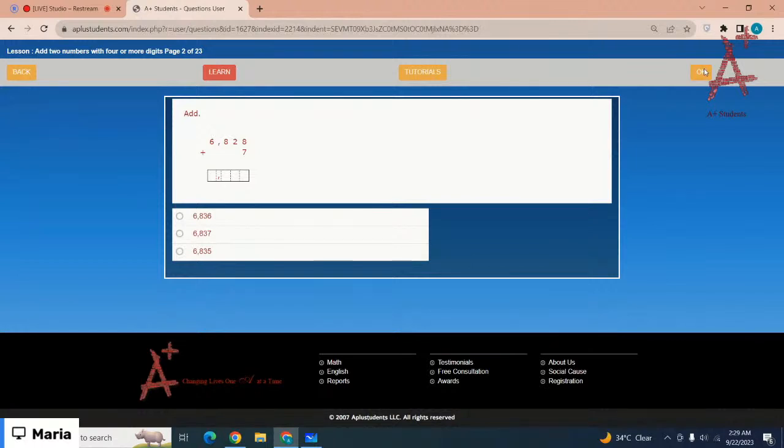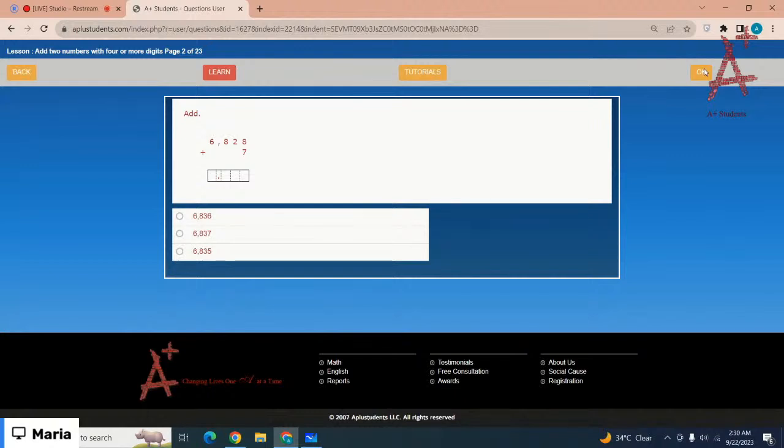Okay, the next one is 6828 plus 7. So, which is the correct option? Which is the correct option? 8 plus 7 makes 15, right?